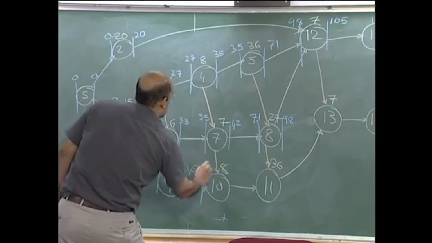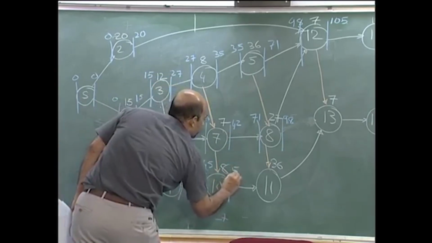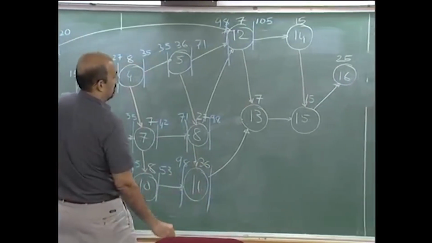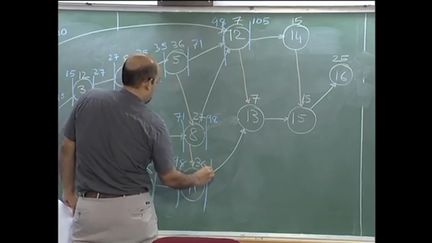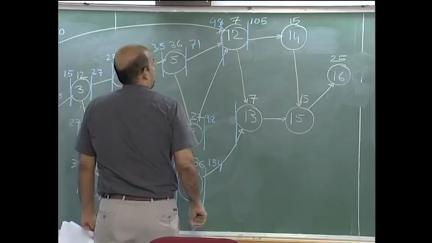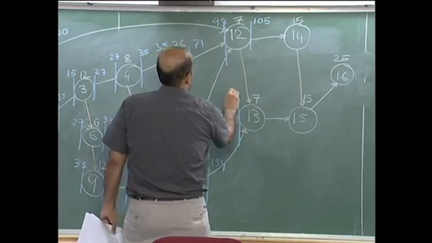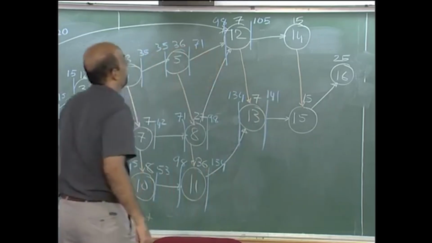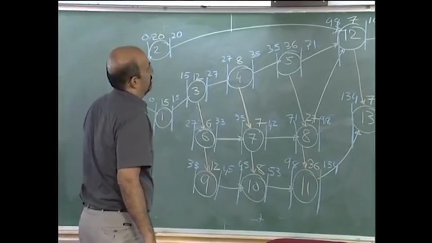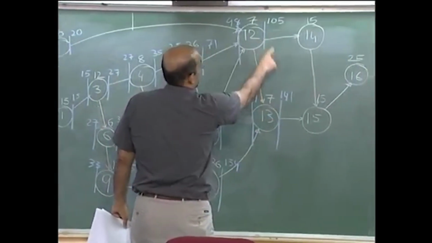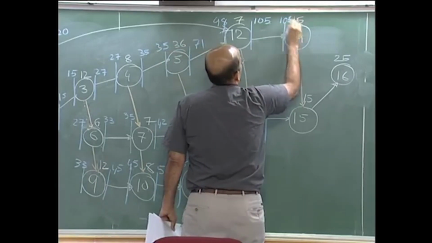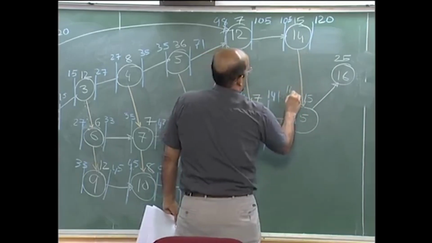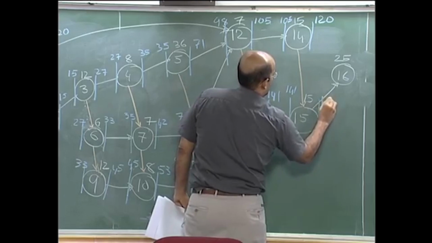So now 45, 42, 45. 134. Okay, and here we have 134, 141. Correct? Yes, 141. So now we have 105, 141, 56.